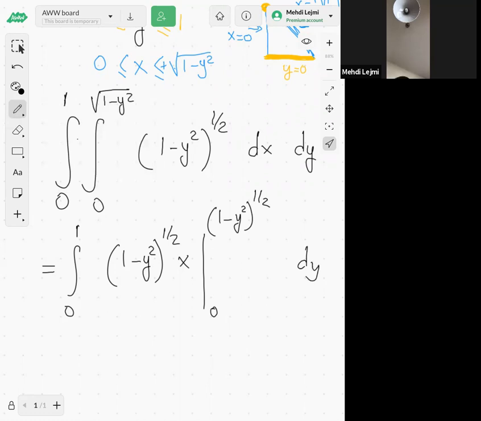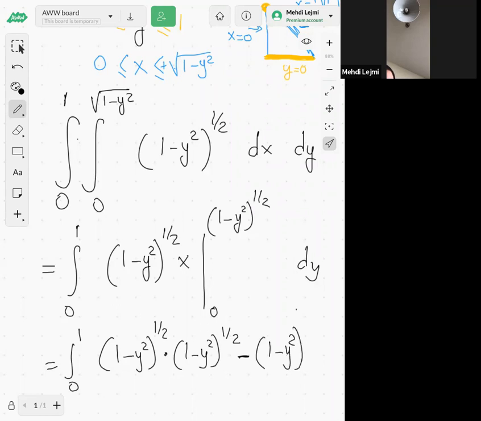We substitute x first with 1 minus y squared to the power half, so it's 1 minus y squared to the power half times 1 minus y squared to the power half, minus, and of course substituting x by 0 is just 0.